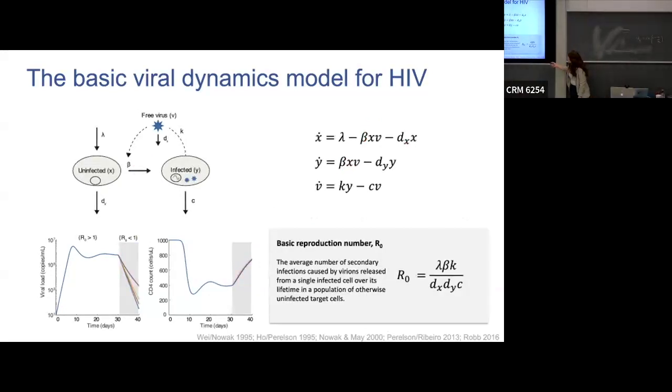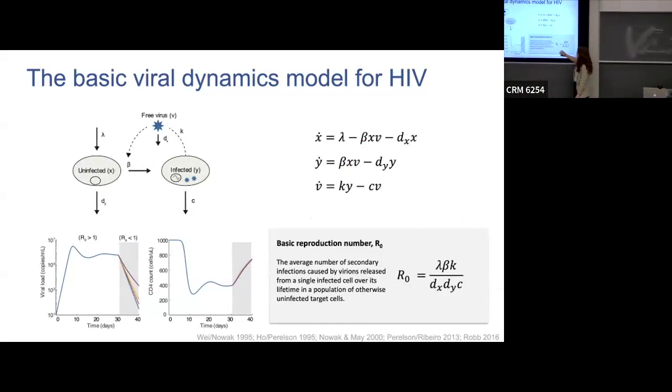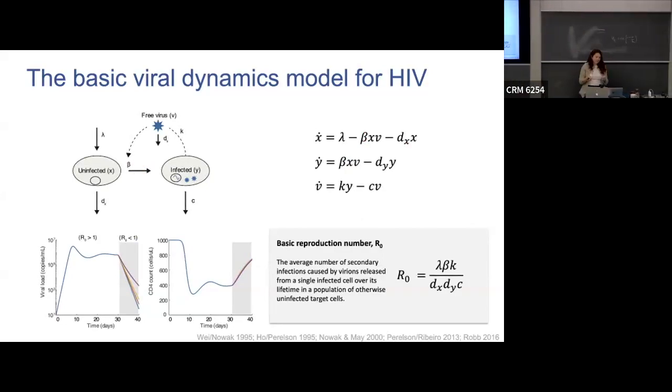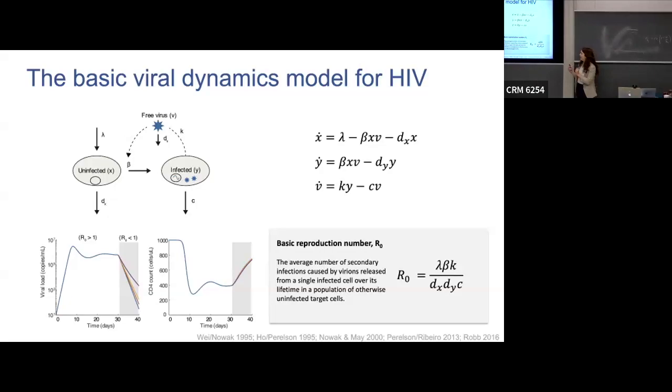But basically, this reproduction number depends on all the parameters in the model, and what it corresponds to is the average number of secondary infected cells produced by, on average, one single infected cell when all the other cells are uninfected. So it has analogous meaning, and similarly, it is what we call a transcritical bifurcation in the system.